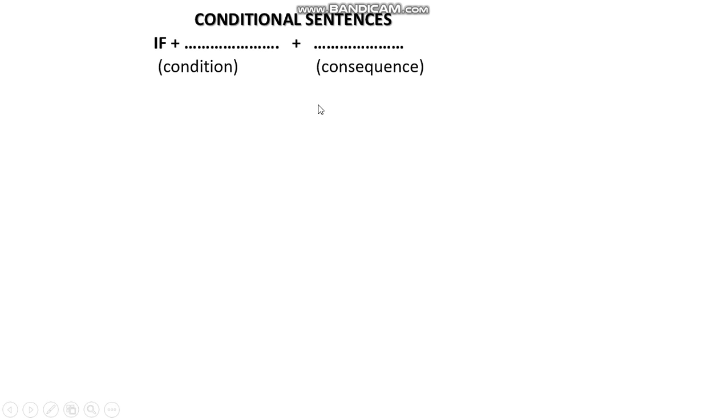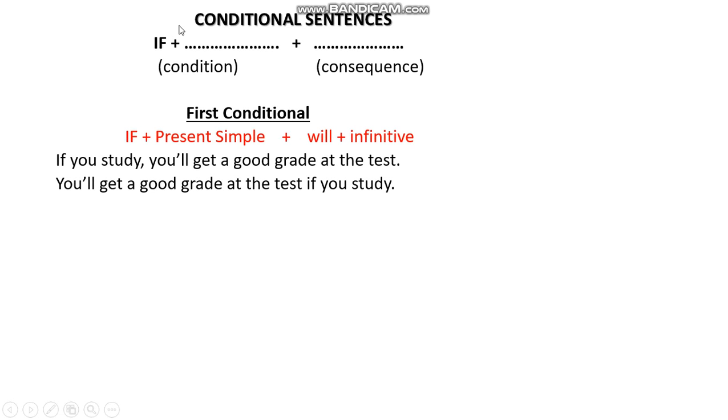There are a couple of different types of conditional sentences. Today we will talk about the first conditional. In the first conditional, with if, we have the present simple. So the condition is in the present simple. If you do something now, then the consequence will be in future.